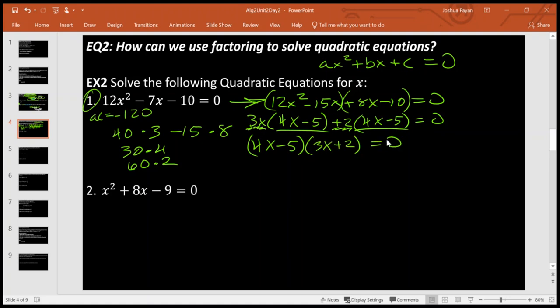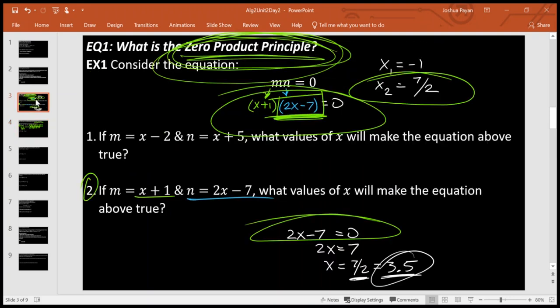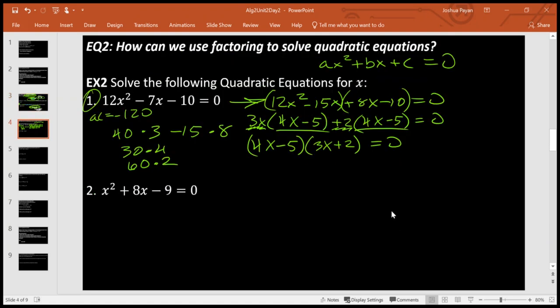Now, unfortunately, this isn't quite obvious with my zero product principle what my two solutions are going to be. I'm going to have to do like what I did over here when I set this individually equal to 0. So I'm going to have to do that for both of them. So I'm going to say 4x minus 5 equals 0, right?